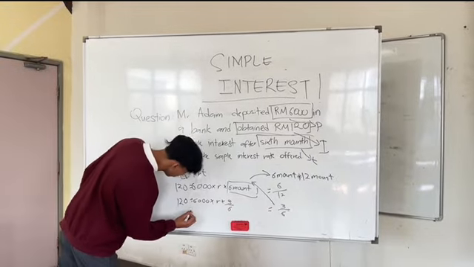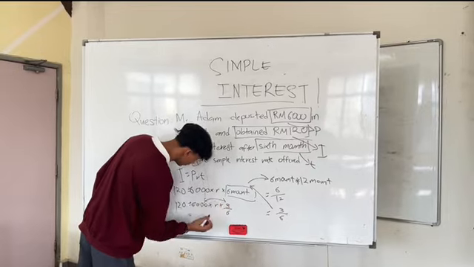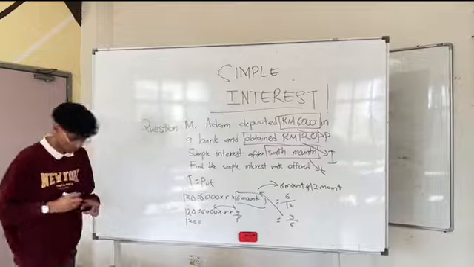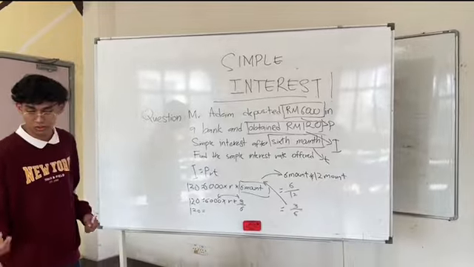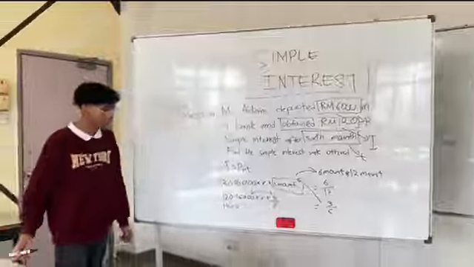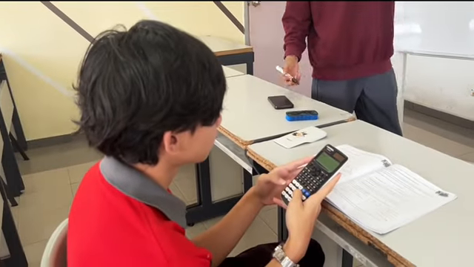Calculate this: 6,000 times R times 1 over 2.